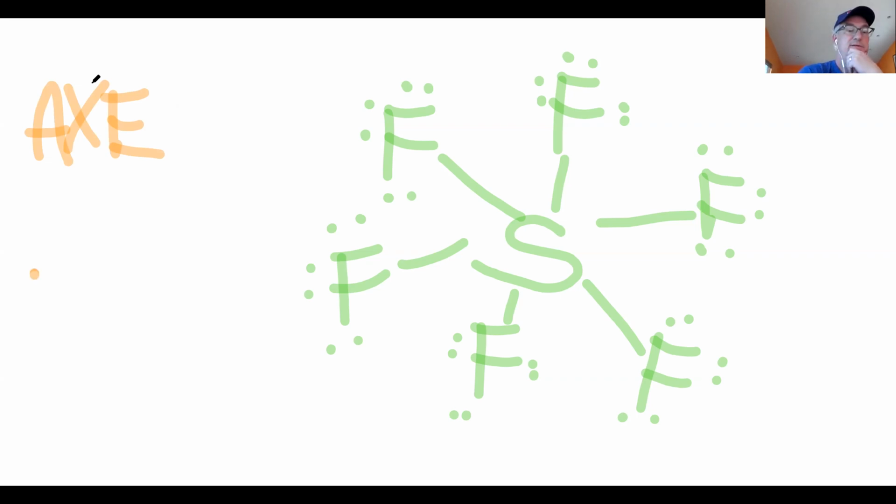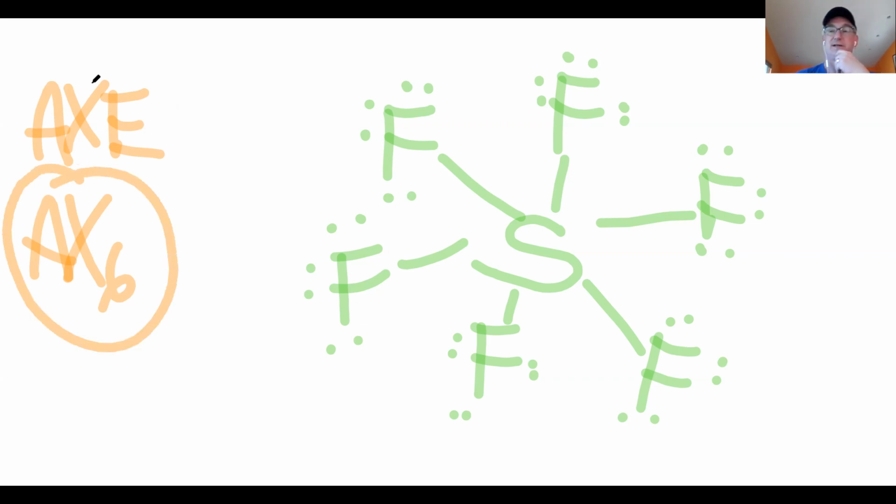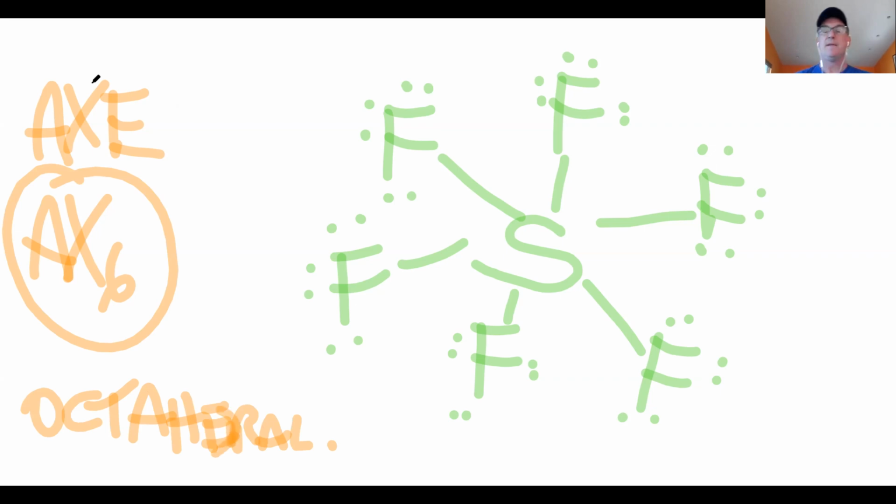So we have AX6. And how many lone pairs does sulfur have? None. So basically we just have AX6, and if you look up AX6, that's octahedral. It's both in the octahedral group and an octahedral shape on top of that.